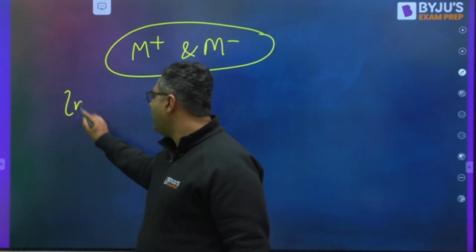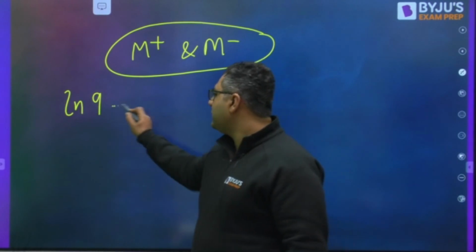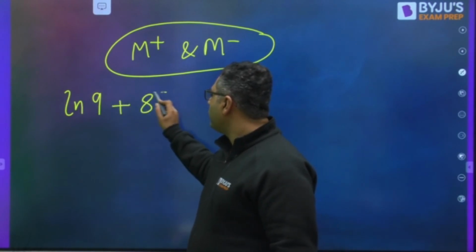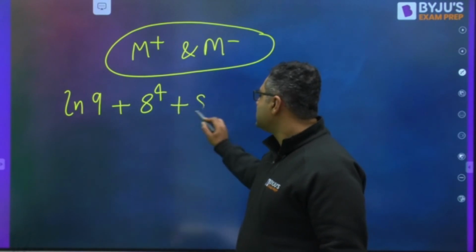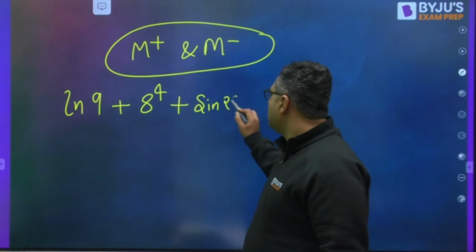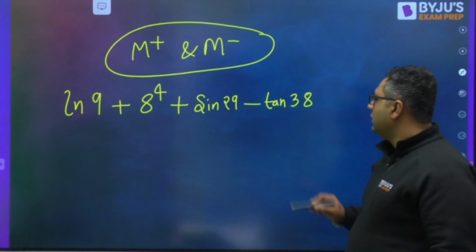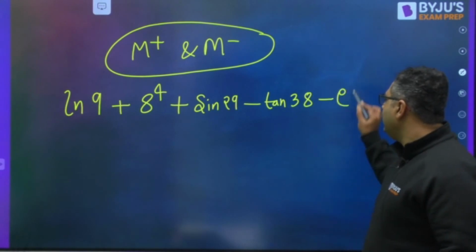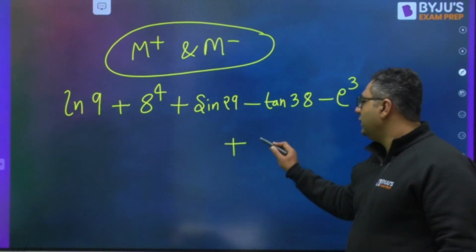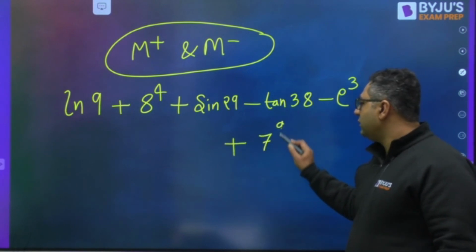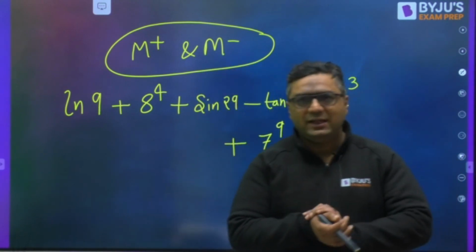Let us say we have ln 9, sorry, ln 9, not power, ln 9 plus 8 to the power 4, plus sin 29, minus tan 38, minus e to the power 3, and then plus 7 to the power 9. If you have this expression, then how to do this? Let us see one by one.